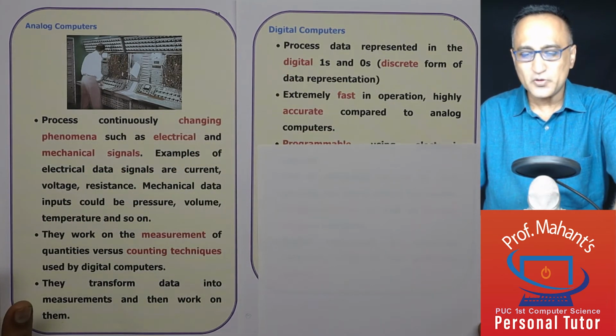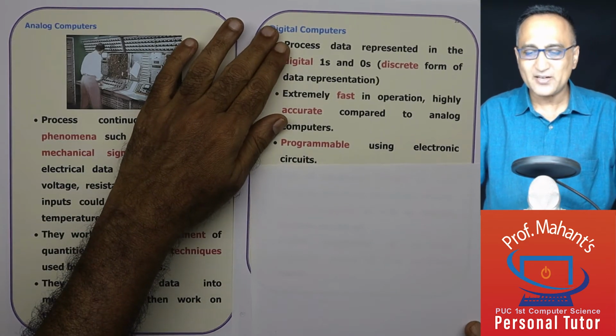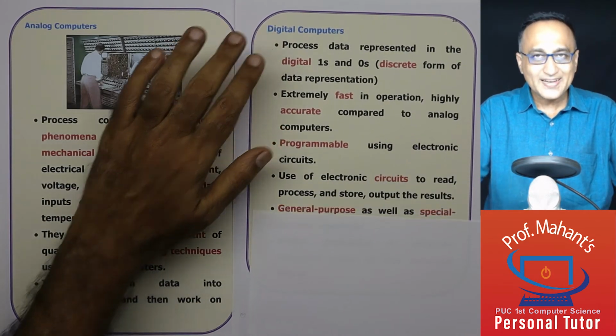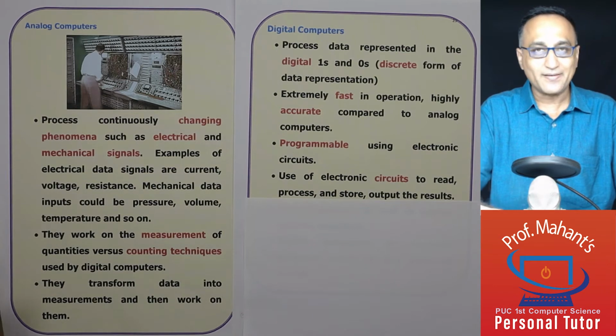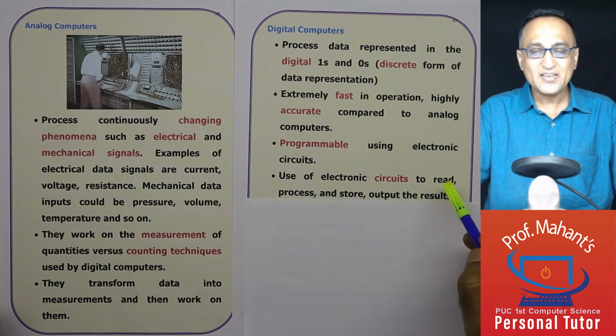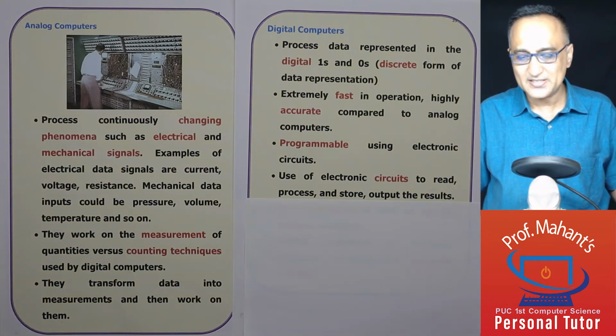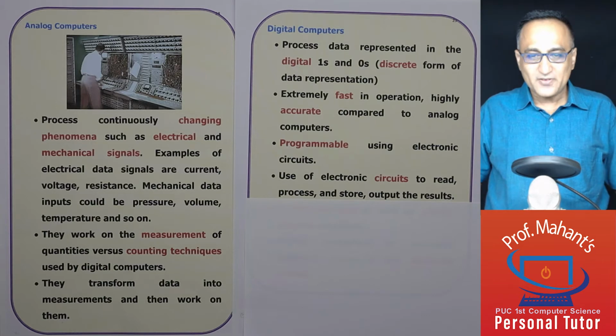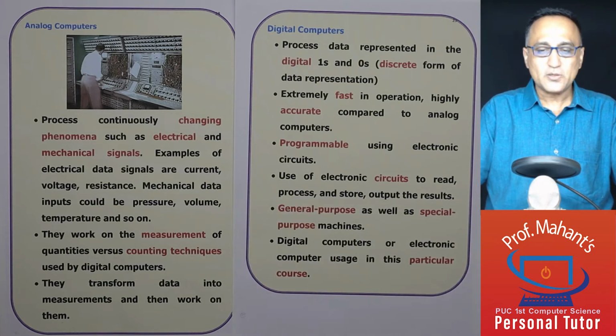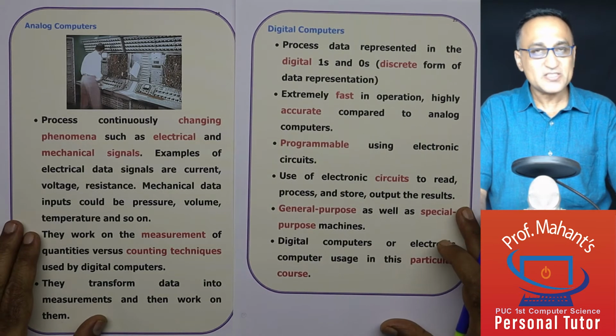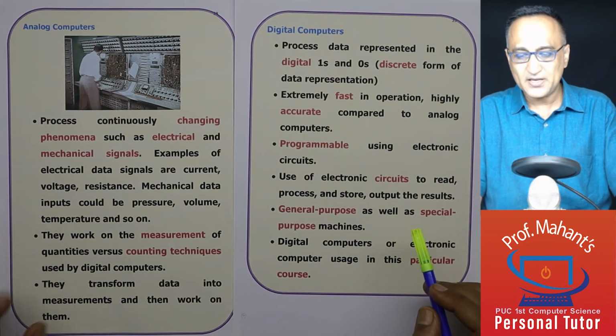Now, digital computers use a large number of electronic circuits. So using electronic circuits, we are able to read data, process the data, store data, which is also an electronic component. A semiconductor is an electronic component, and we are able to produce results. The advantage of a digital computer is it can be used both for general applications as well as very specific applications.